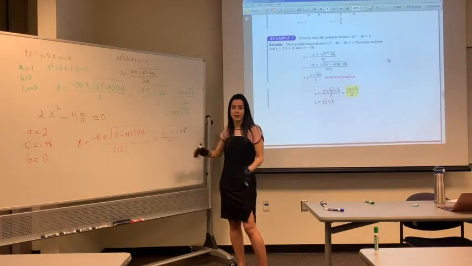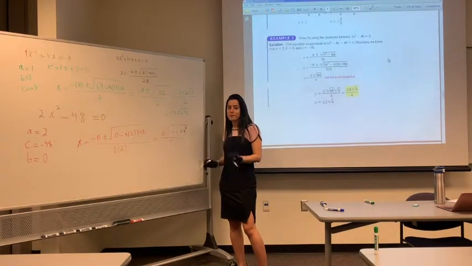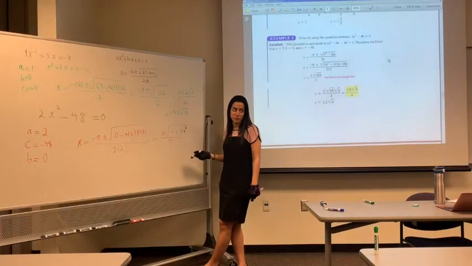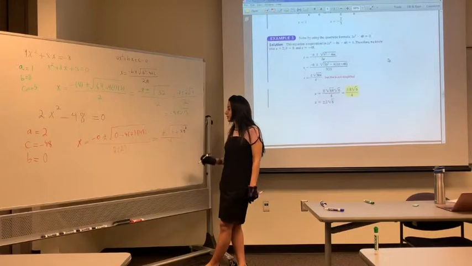This is all we have under a square root, right? 48, we solved 48 five, six times so far. 48 is 4 squared multiplied by 3.